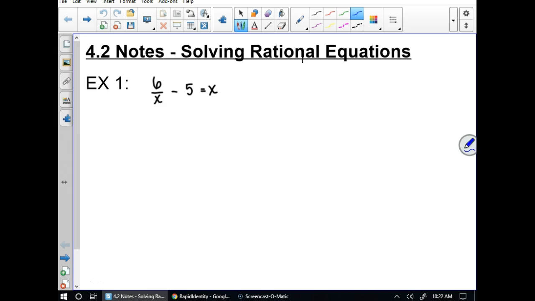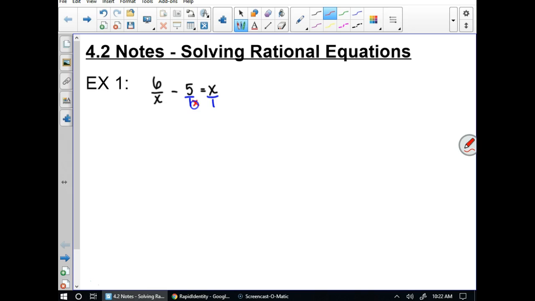So right now, 6 over x is the only one that has a denominator, but I can put a denominator with the 5 by just putting it over 1. And I can also make this x over 1. So my denominator here, I've got an x and a 1 and a 1. So I'm going to use x as my denominator. To put an x in the denominator here, I would have to multiply the bottom by x.